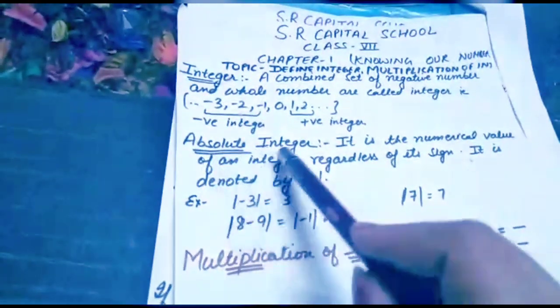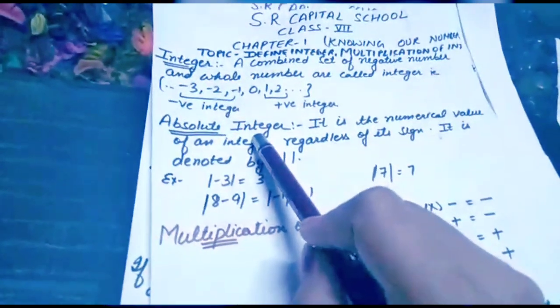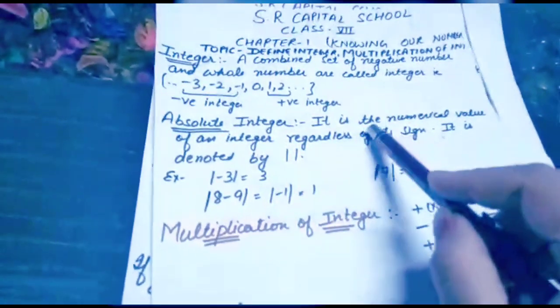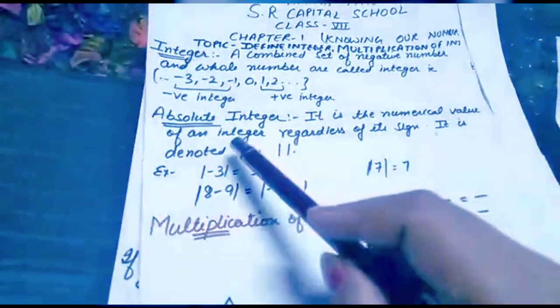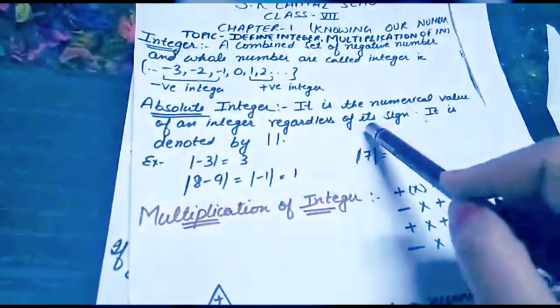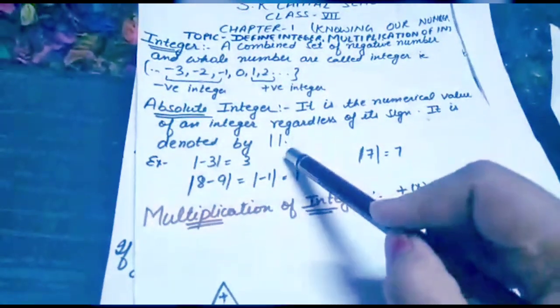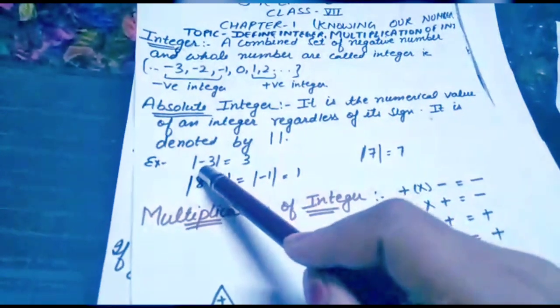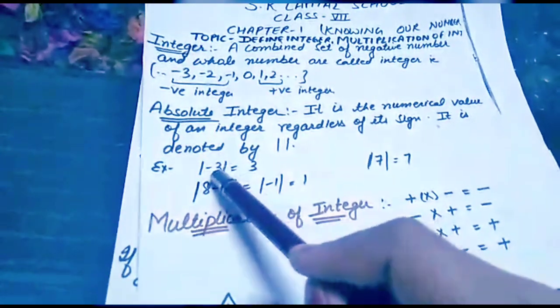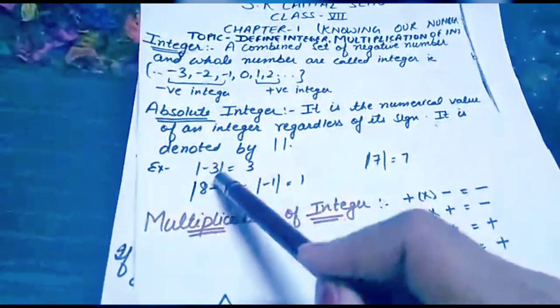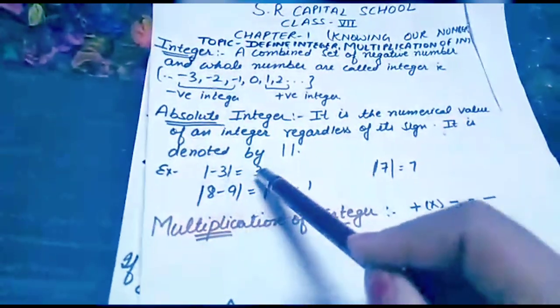Now come to the next definition, absolute integer. It is the numerical value of an integer regardless of its sign. It is denoted by two parallel lines. For example, when we put a negative 3 between the two parallel lines, we get 3.